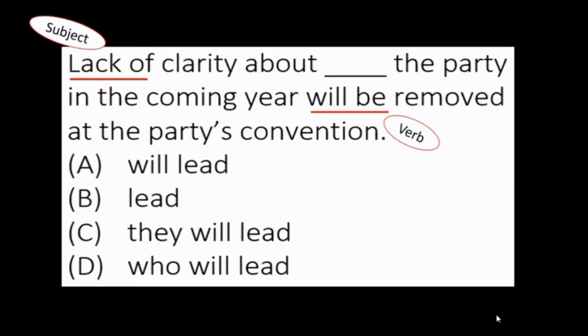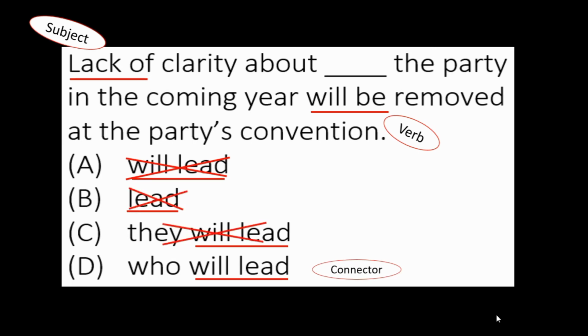There is a similarity in the answers, in which they all contain verbs: will lead, lead, will lead, and will lead. It is clear that the complete sentence must have two verbs, which means they need a connector. The only answer with a connector is D, with who as the connector.